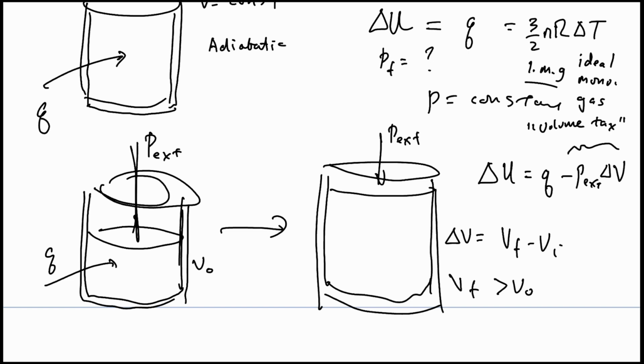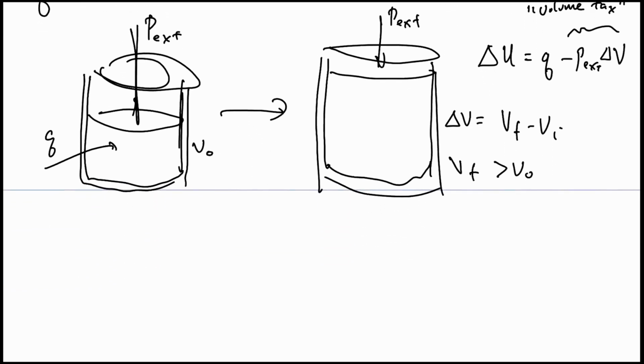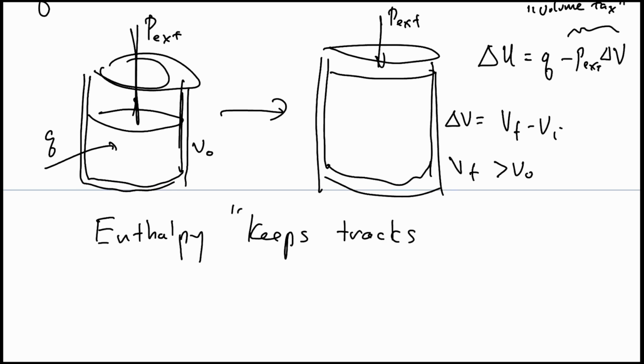But because you've expanded the gas, you've lost some of your energy, and it's inevitable. If at constant pressure, it's inevitable that you're going to have that situation, and so the enthalpy keeps track. If I'm just sort of making stuff up here, it's kind of like instead of gross salary, it's like your net salary.